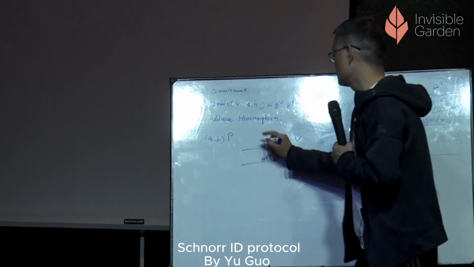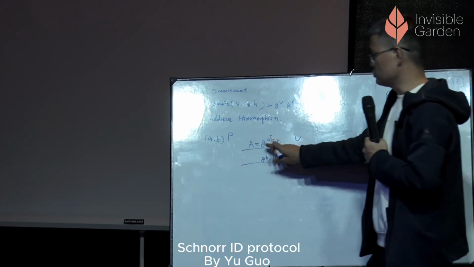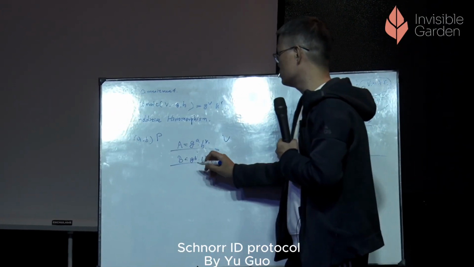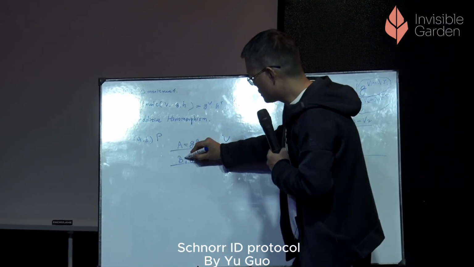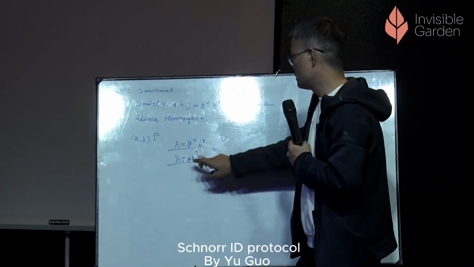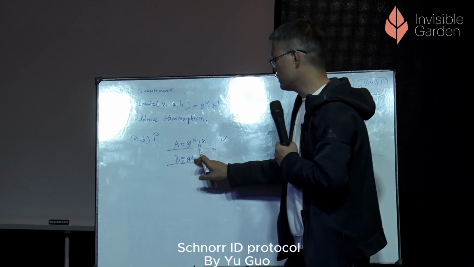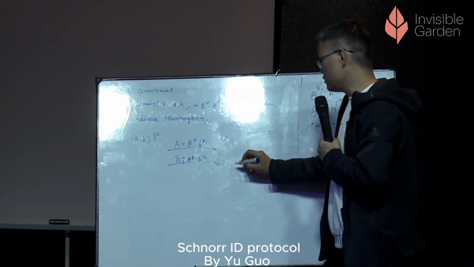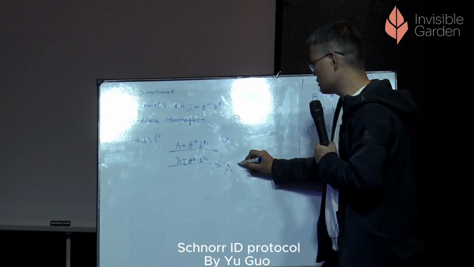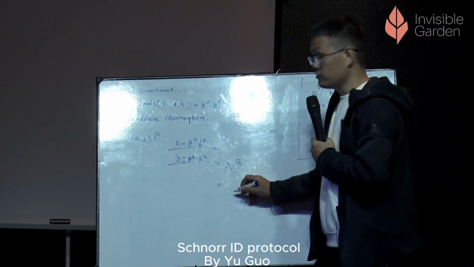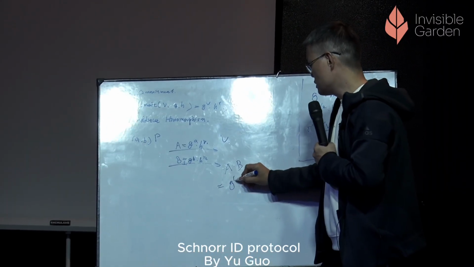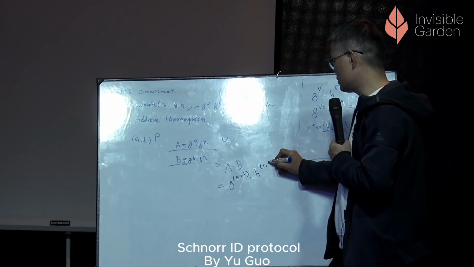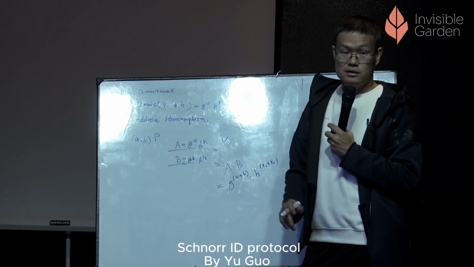Let me use capital A equal to the commitment of little a, and capital B equal to the commitment of little b. Then the verifier just multiplies them together and gets G^(A+B) H^(R1+R2).